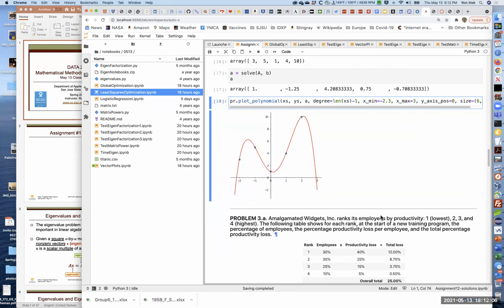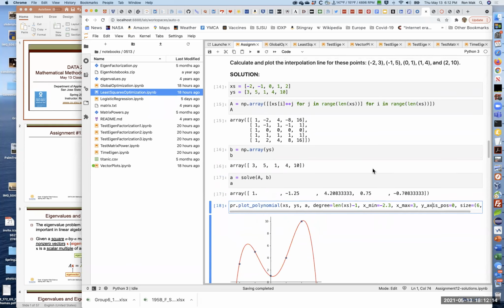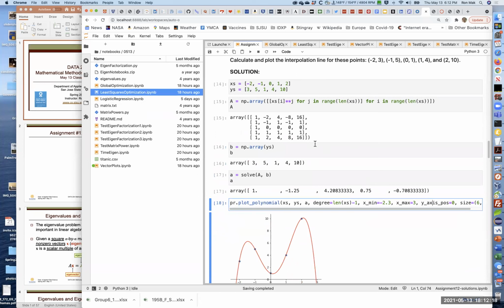Professor, in the same context, can we keep min and max as the endpoints of our x's, like -2 and +2? So you want min and max to be the min and max of the x's? Yeah, so it will just stop at those points. Then your line would start here and end here. Exactly, sure.